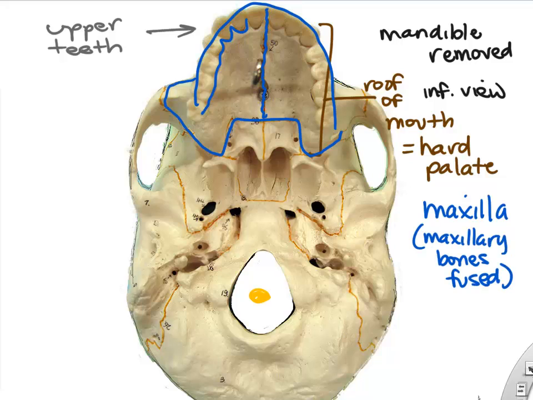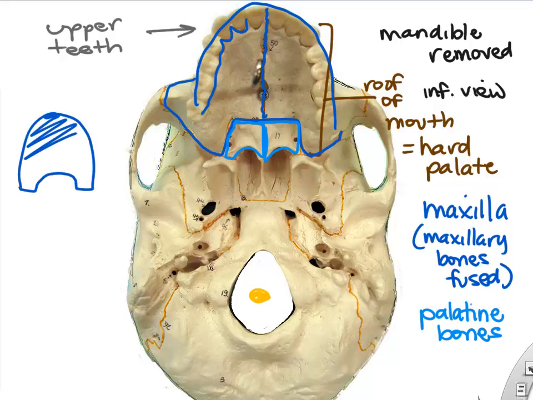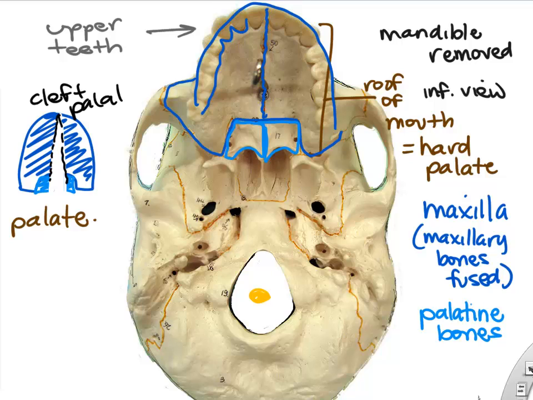And because this maxilla is made of two fused bones, sometimes you'll hear people call them the maxillary bones. And then these two little pieces stuck on the back are the palatine bones. So together, the maxilla, the fused maxillary bones, and those little palatine bones make up what's called the palate, or hard palate. Sometimes those maxillary bones don't fuse, and that can lead to a condition called cleft palate.